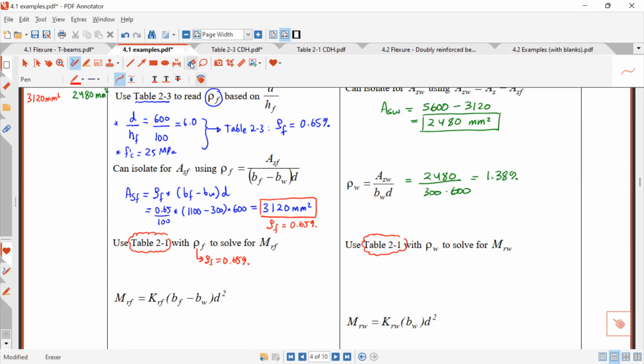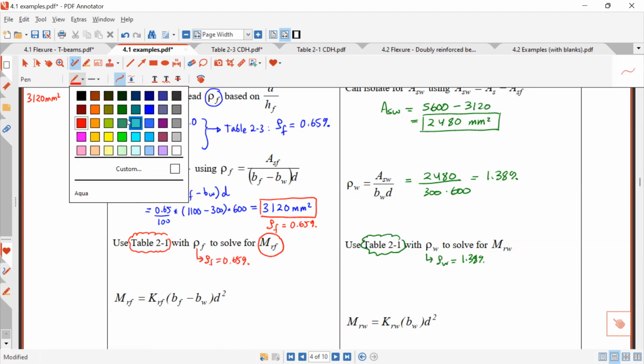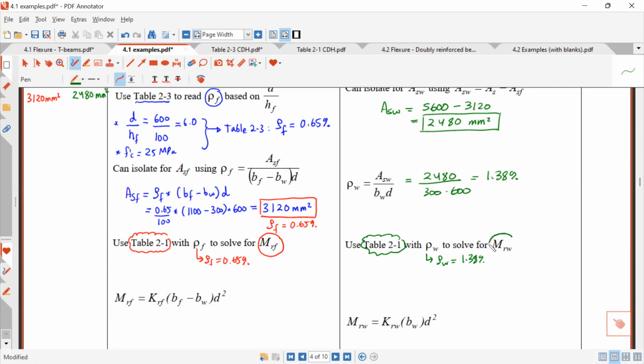And here, I'm going to use the rho W. So rho W is 1.38%. And here, I'm going to end up solving for something I'm going to call MRF. And here, I'm going to solve for something that I call MRW.